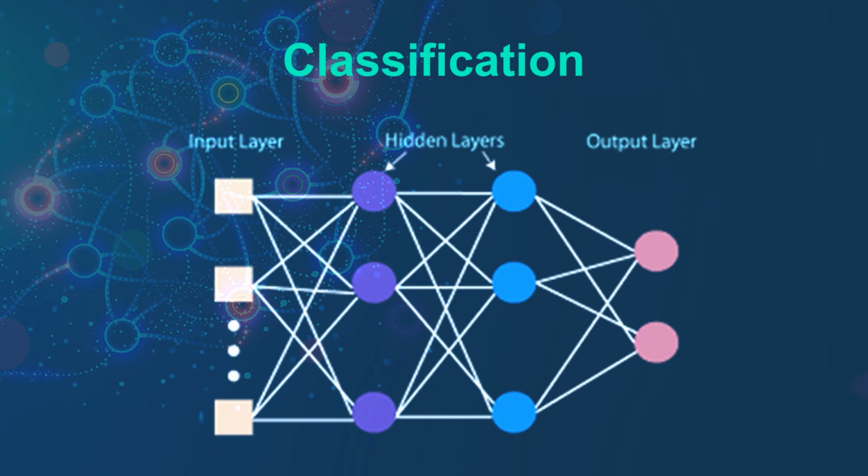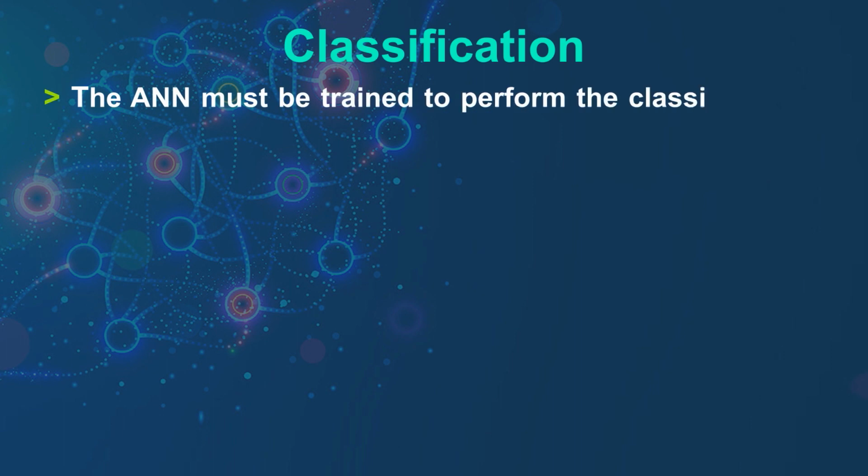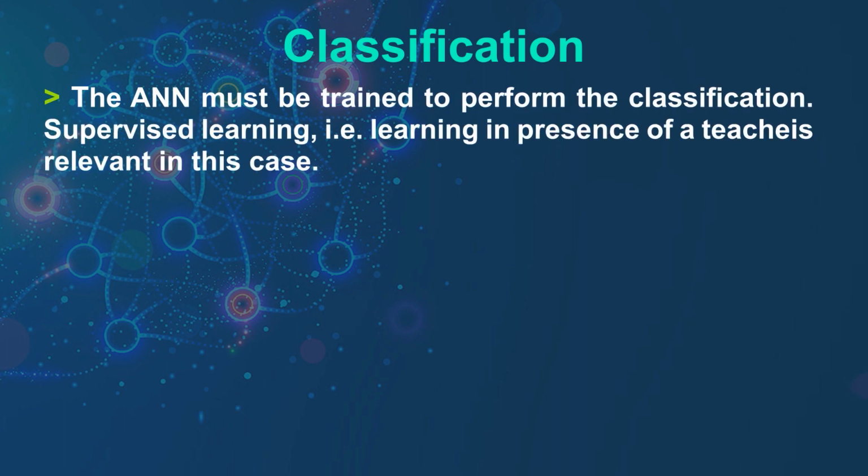So, the ANN has n output units in the output layer, where each output unit corresponds to a class. The ANN must be trained to perform the classification. Supervised learning, that is learning in presence of a teacher, is relevant in this case.